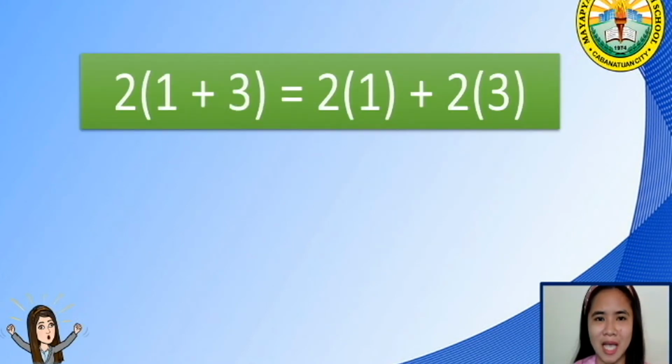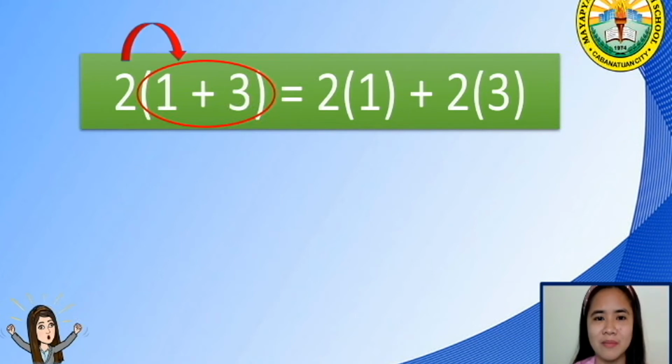2 multiplied by the sum of 1 and 3. We know that 1 plus 3 is equal to 4, and we know that 2 multiplied by 4 is equal to 8. Knowing that the answer is 8, let us see how the distributive property works. We take the value outside the parentheses. In this case, it is 2.